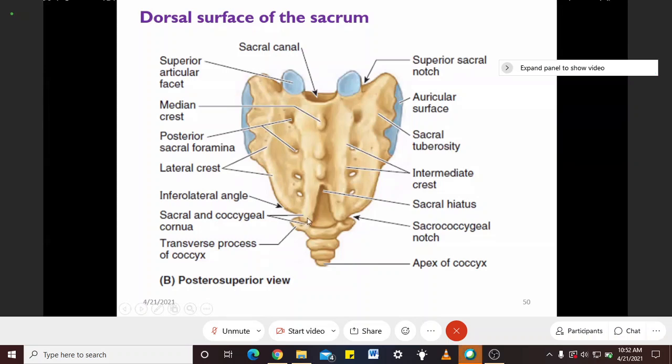This horn-like projection serves as an articular process. See, this articulates with the coccyx. The coccyx also has horn-like projections that articulate with the sacral cornu. Okay.